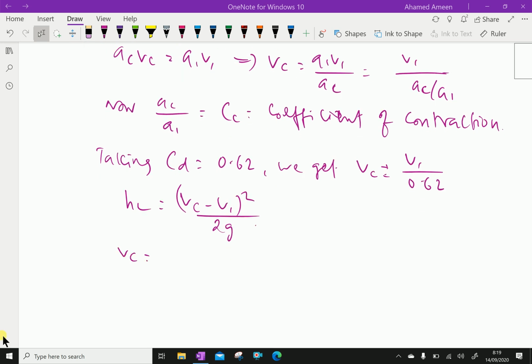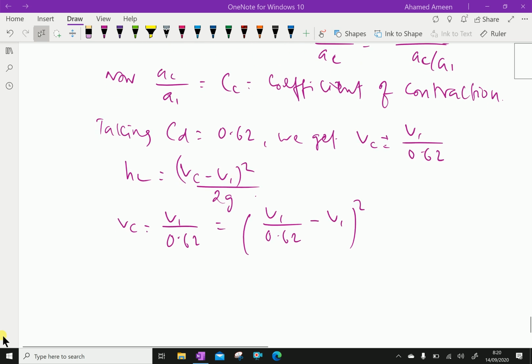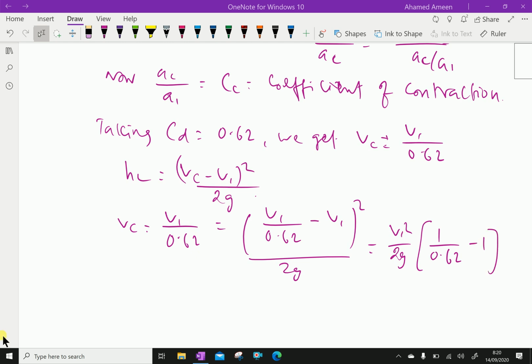Therefore, with Vc equal V1 by 0.62, hL is equal to V1 by 0.62 minus V1 the whole square by 2g, which is equal to V1 squared by 2g times 1 over 0.62 minus 1 the square.